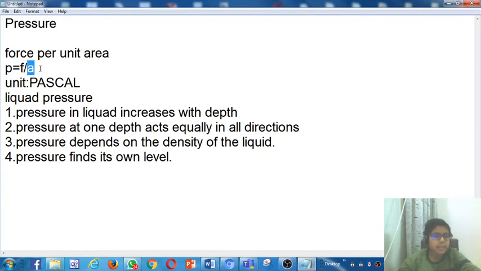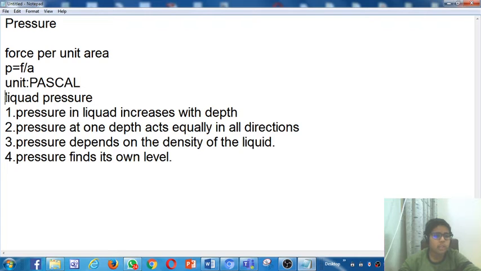As the area is increased, the pressure is decreased, and as the pressure is increased, the area is decreased. The unit of pressure is Pascal, or Newton per meter square.